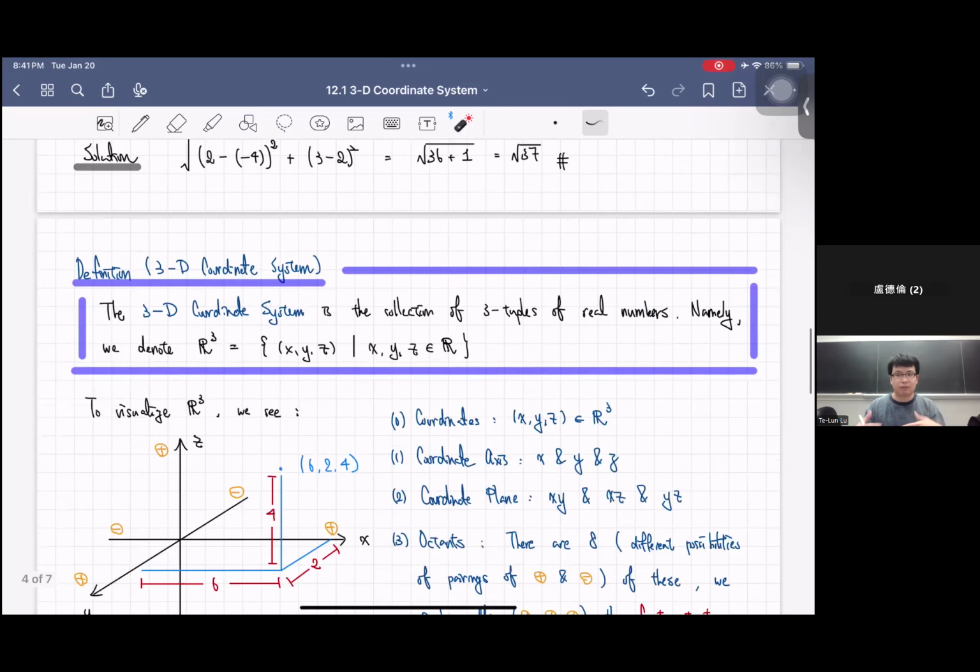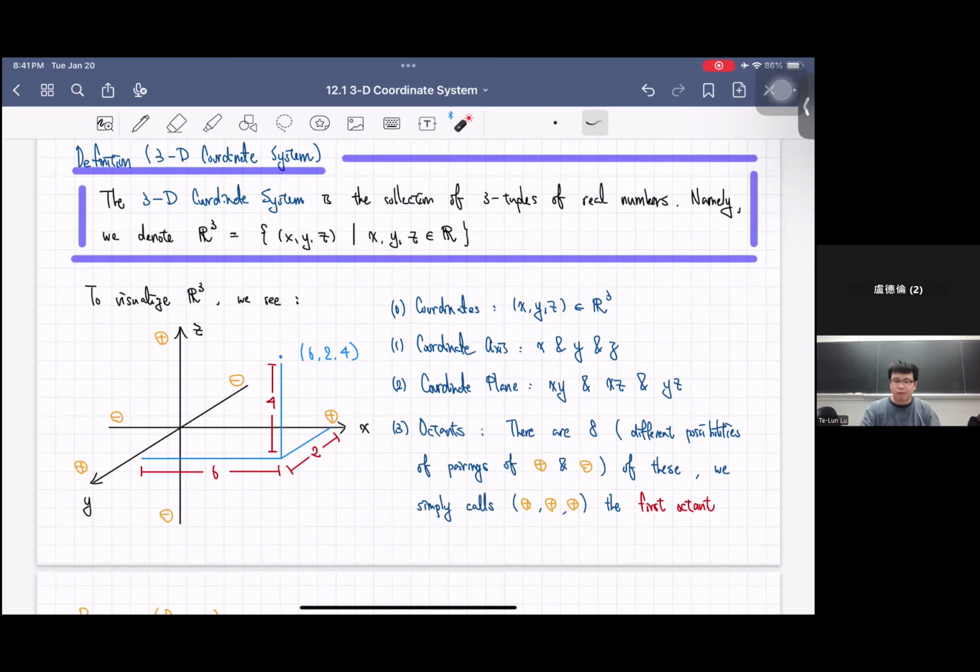For the 3D case, there are even more objects to discuss. You have three different real numbers representing the horizontal distance, vertical distance, and the height. So a coordinate means you have three different numbers, a triple of numbers. And you have three coordinate axes: x in this direction, rightward, y toward you, and z upward.